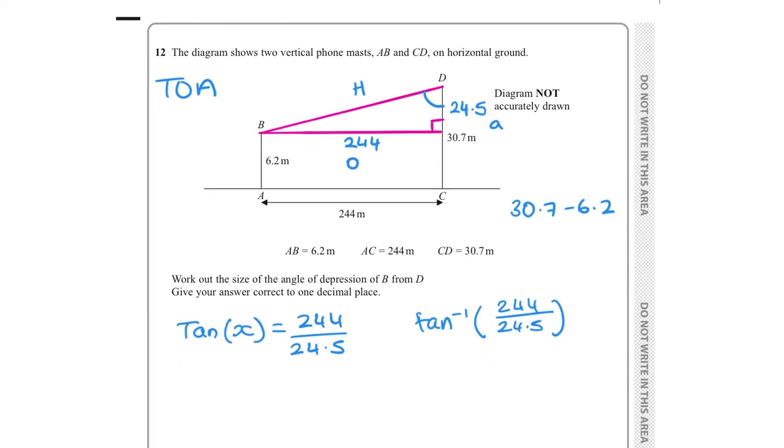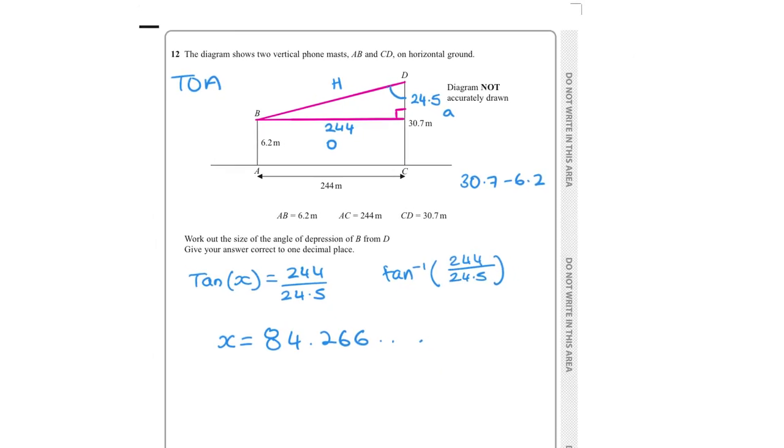This is going to give us our angle X equals 84.266, etc. Now, what does it want? One decimal place, which is 84.3 degrees. Okay, but where is this angle of depression? The angle of depression is this one here. So we could have used SOHCAHTOA the other way to find that one straight away. Or what can we do now?